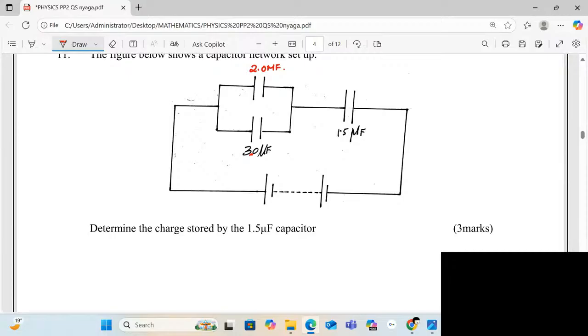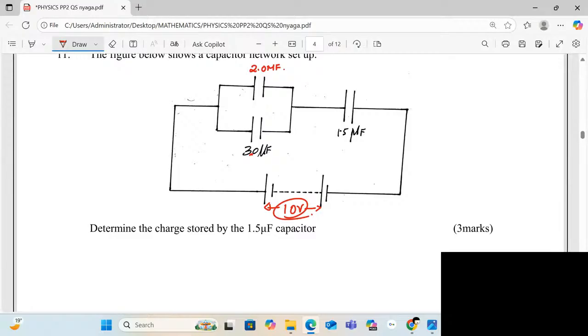It is supposed to be having a potential difference of 10, so here we are supposed to be having a PD of 10, like this.